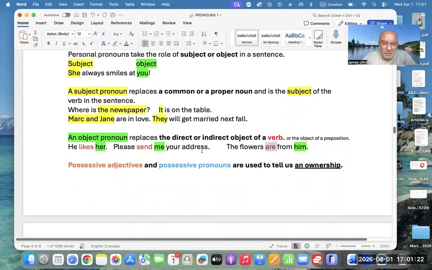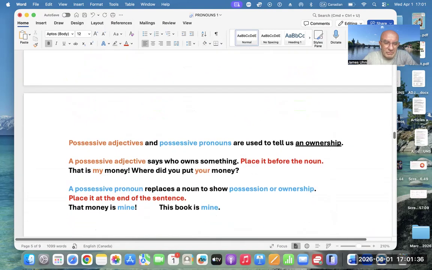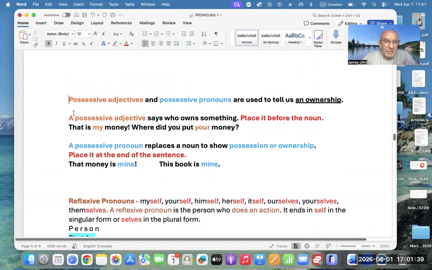So now I will talk about possessive adjectives and possessive pronouns, as they are used to tell us about ownership. So I will move it a little bit further, and here we are. A possessive adjective says who owns something. Place it before the noun. This is my money. Money is a noun.